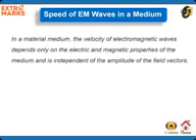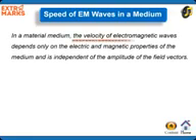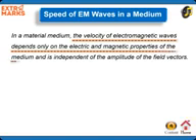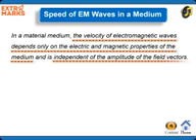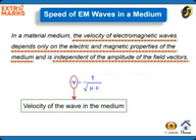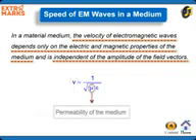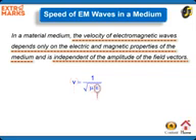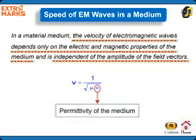In a material medium, the velocity of electromagnetic waves depends only upon the electric and magnetic properties of the medium and is independent of the amplitude of the field vectors, that is, V is equal to 1/√(με), where V is the velocity of the wave in the medium, μ is the permeability of the medium, and ε is the permittivity of the medium.